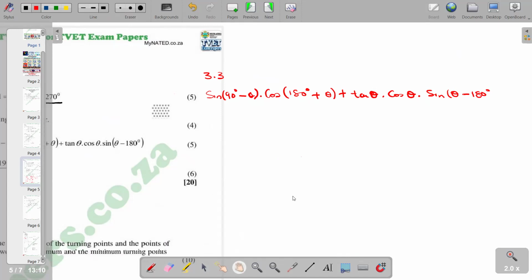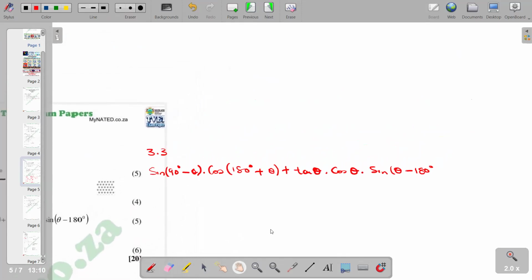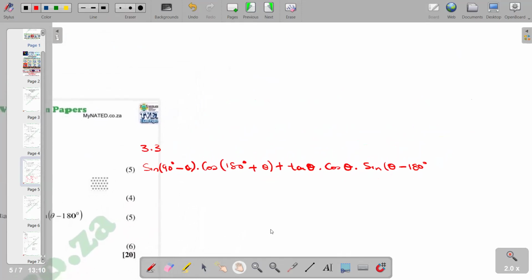You need to understand the CAST diagram. So if we are to put the CAST diagram here, we need to understand we have 4 quadrants: 1, 2, 3, 4.